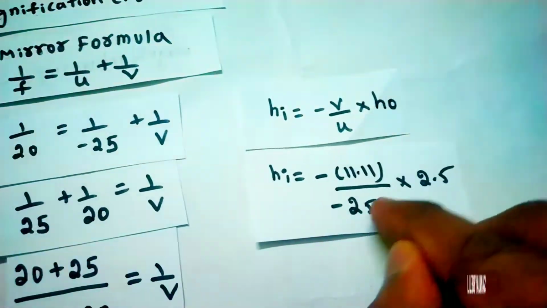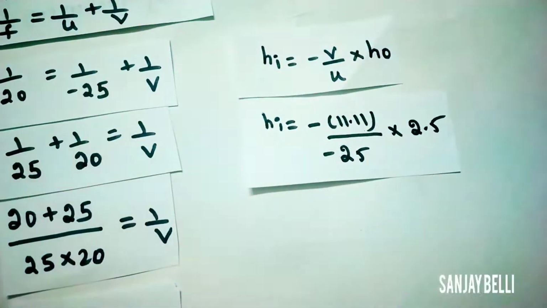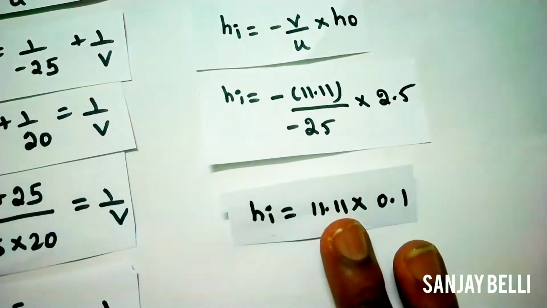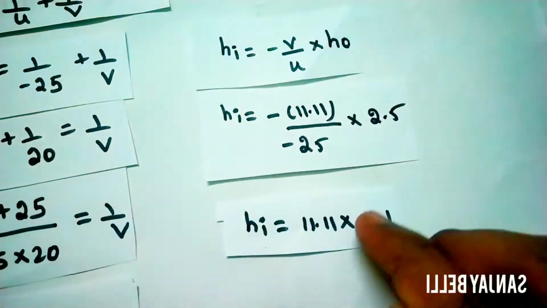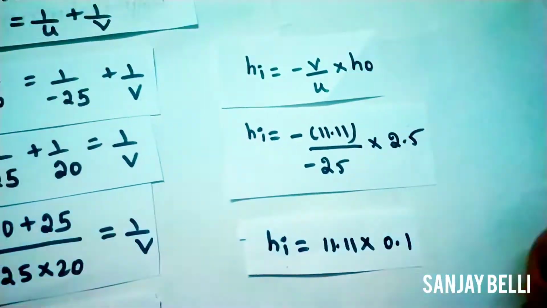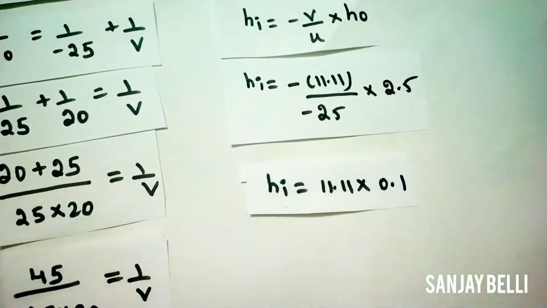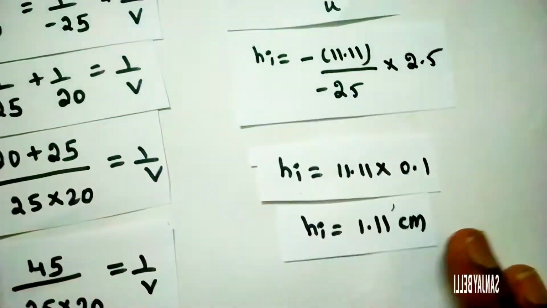If you cancel 2.5 by 25, you will get 0.1. So HI is equal to 11.11 into 0.1. How did we get this 0.1? 2.5 by 25 is 0.1. So 11 into 0.1 is nothing but 1.1 centimeters.